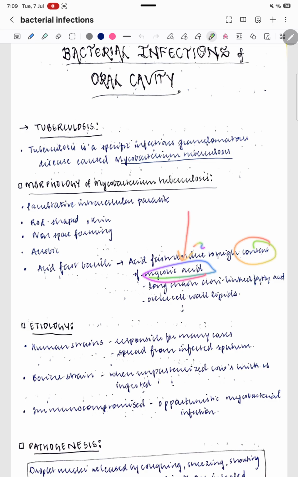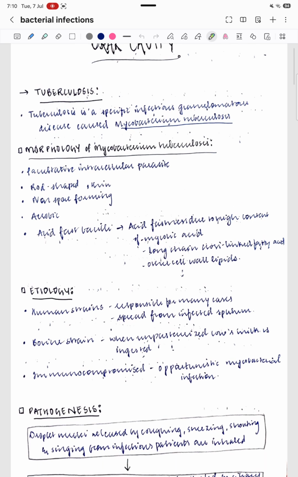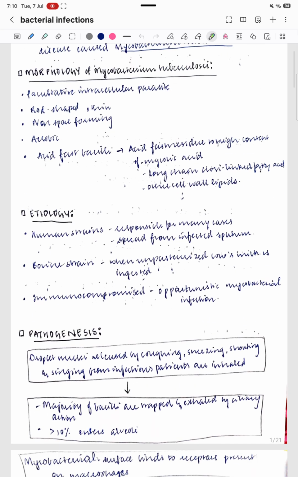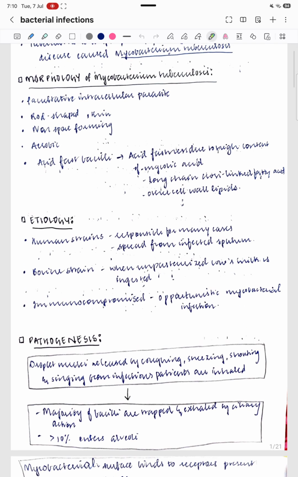If you remember in second year microbiology, we read that the bacteria which are acid fast have a higher content of mycolic acid. Long chain cross-linked fatty acids and other soluble lipids are also present. Now the etiology: the human strain is responsible for many cases, spread from infected sputum.